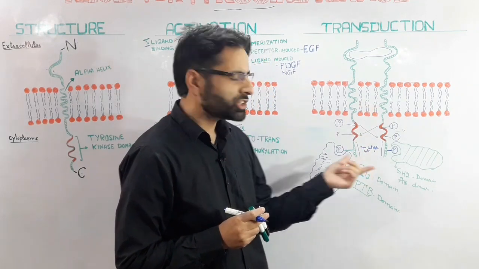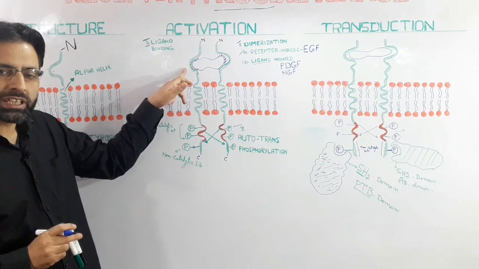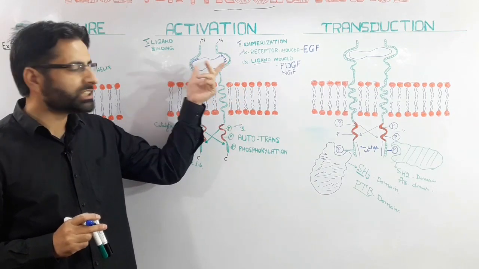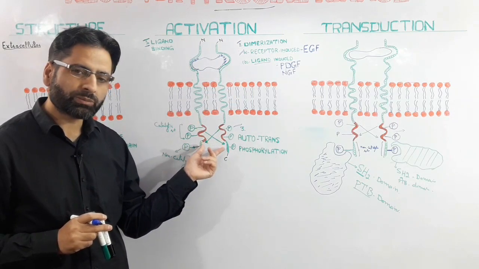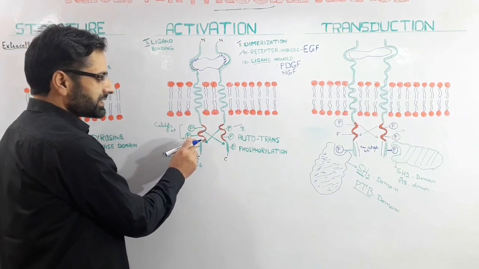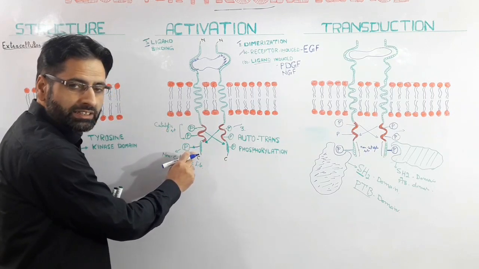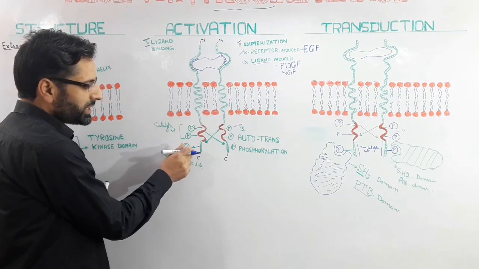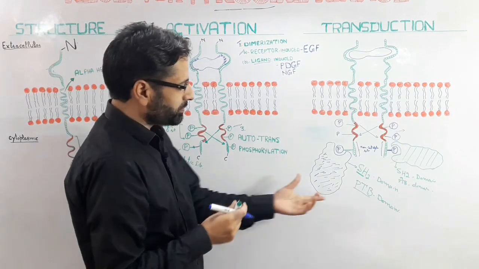So the sequence is like this: we have the signaling molecule binding to the binding site present on the extracellular side. That leads to the dimerization of this receptor. These conformational changes induce dimerization and activate the tyrosine kinase activity of the cytoplasmic domain of this receptor. This increased catalytic activity phosphorylates the tyrosine amino acids in the catalytic site as well as in the non-catalytic site of this receptor. The phosphorylation of the tyrosine amino acids present in the non-catalytic site will now provide the binding site for these proteins.